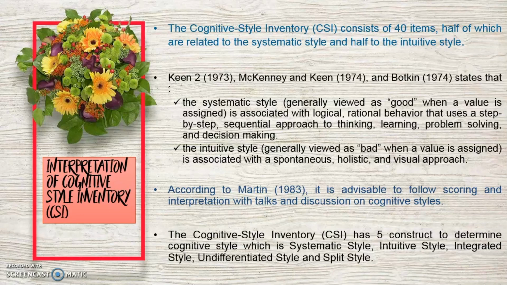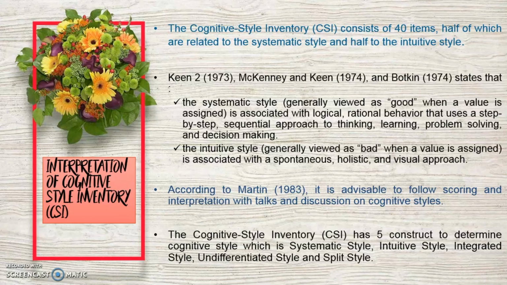The systematic style is associated with logical, rational behavior that uses a step-by-step sequential approach to thinking, learning, and others, while the intuitive style is associated with a spontaneous, holistic, and visual approach.